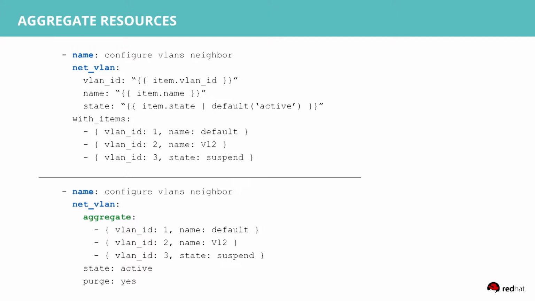That's a bit more of an advanced subject, but it shows how I model the information about my infrastructure. I have a list, and in that list there's the VLAN ID, the name of the VLAN, and sometimes, if I want, the state. This is really the definition that I'm going to apply to my infrastructure.